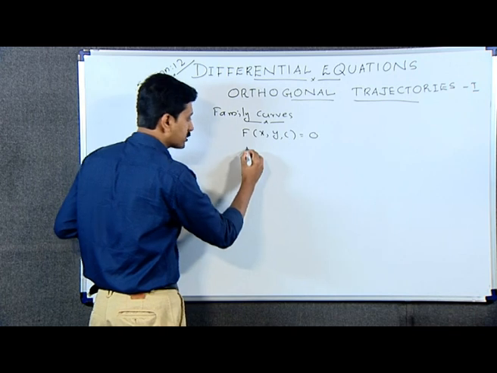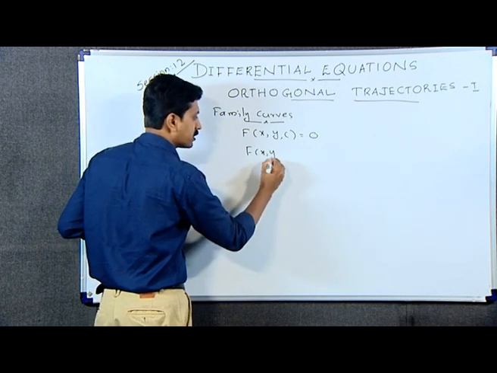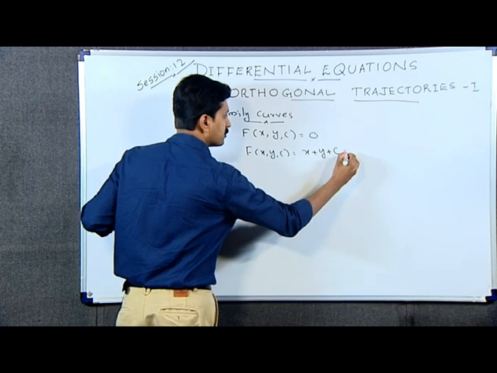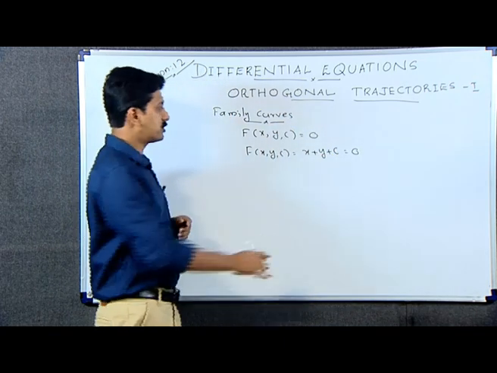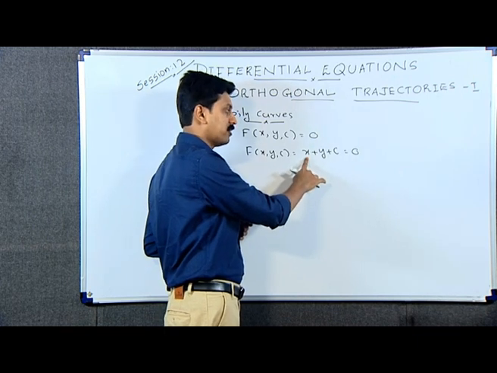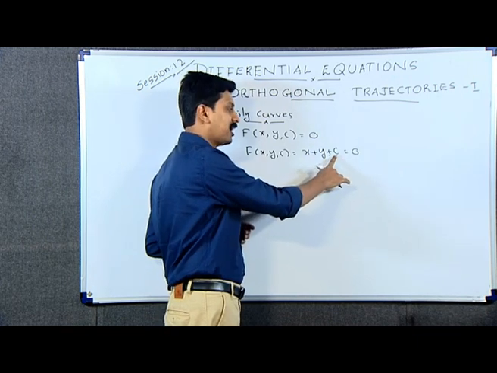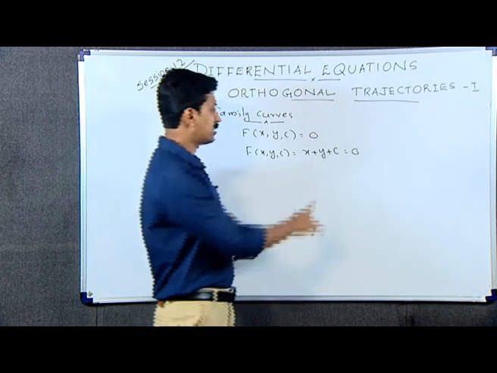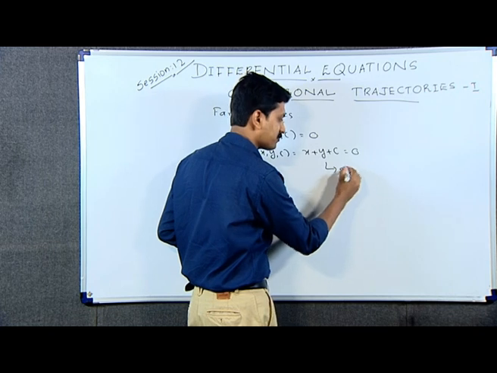Simply, we can write f(x, y, c) equal to x plus y plus c, which is equal to 0. This is a family of curves. Here x is an independent variable, y is a dependent variable and c is an arbitrary constant. If c is a single constant, we can say that this is a straight line.